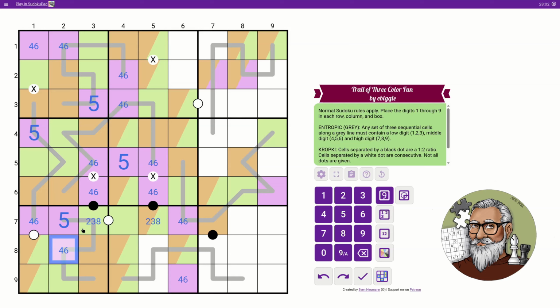What does that mean? This one is a 5 as well.